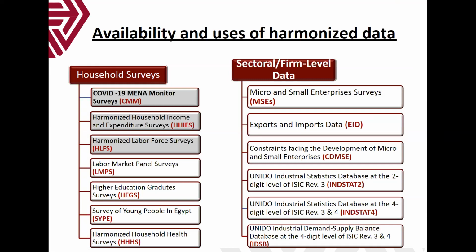The harmonized labor force surveys, as I mentioned before, we have for long periods for each of these countries: Egypt, Palestine, Jordan, because it's repeated every year. So you can observe the change in the unemployment rates, the change in women's labor force participation, the changes in certain regions, rural and urban, and the trend of informality as a percentage of all waged workers.